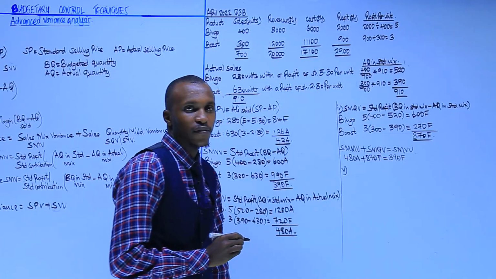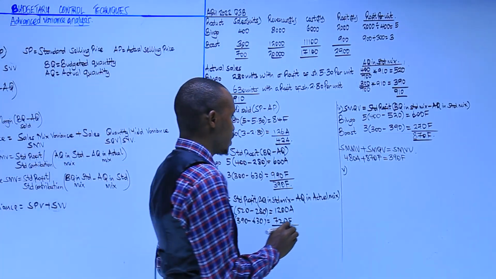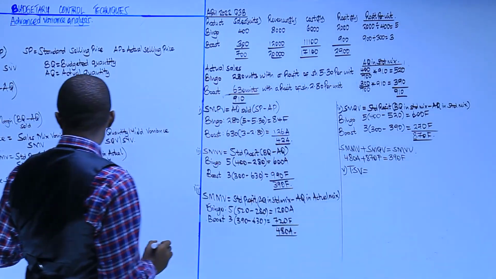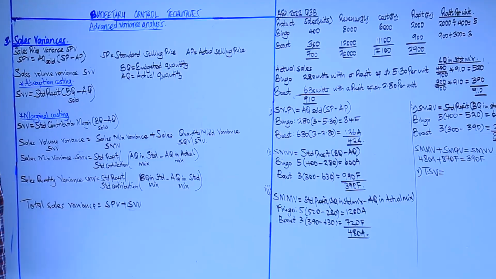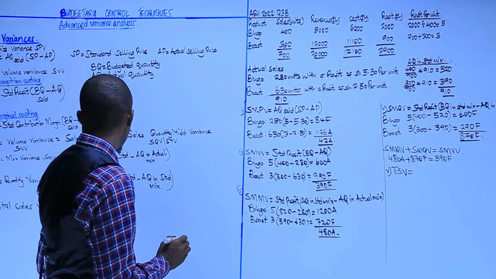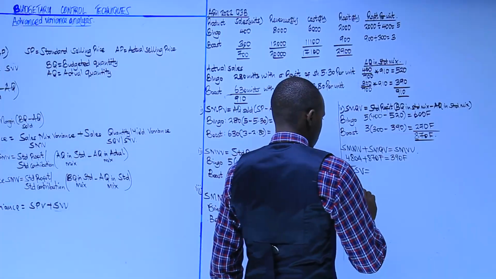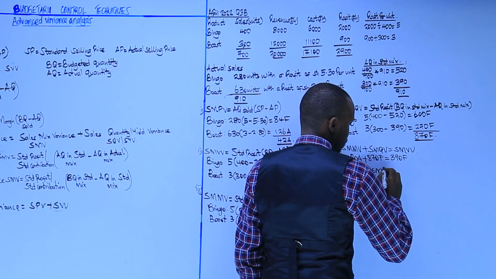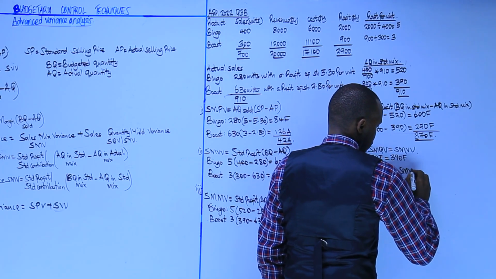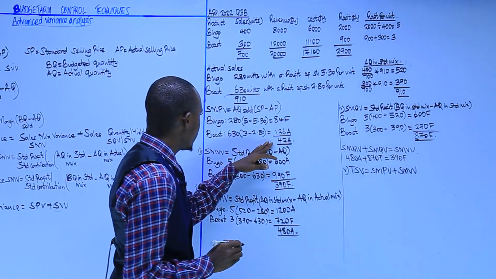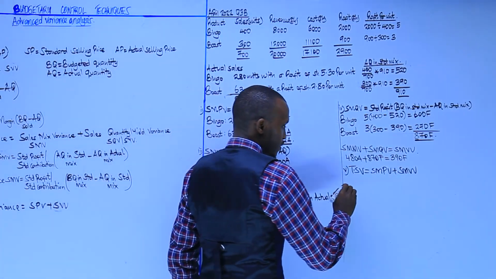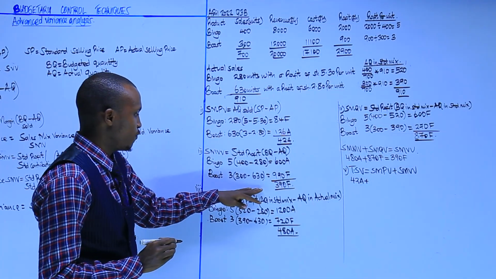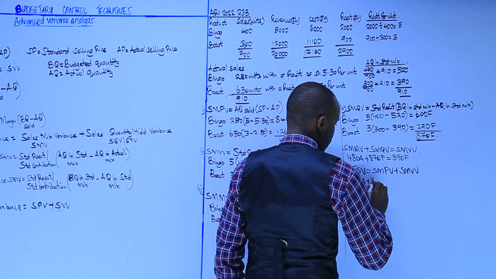Number 5 was your total sales variance, which is the summation of your price variance plus your volume variance. Your price variance is 42 adverse plus volume variance of 390 favorable.